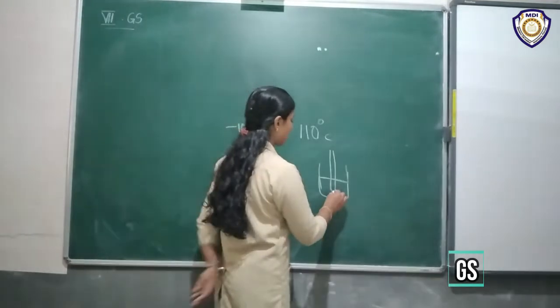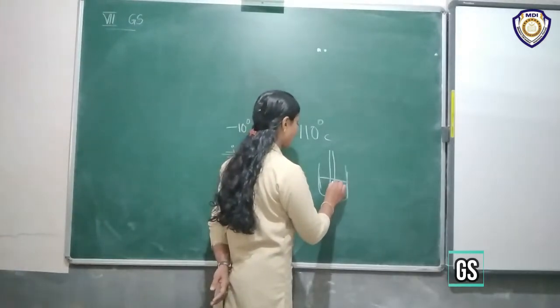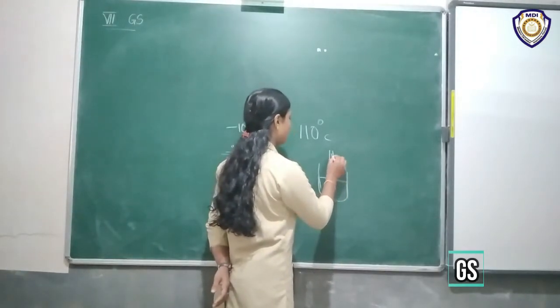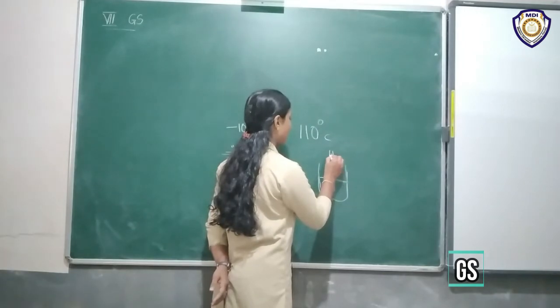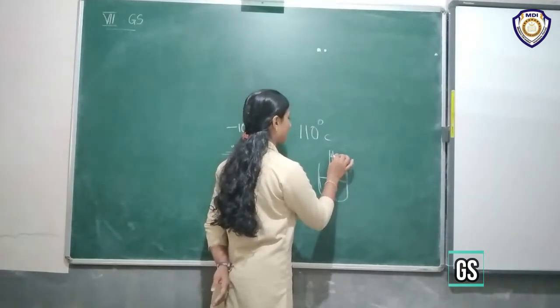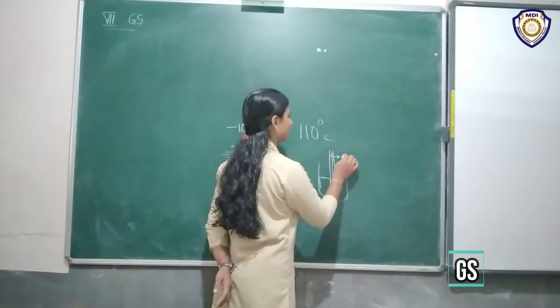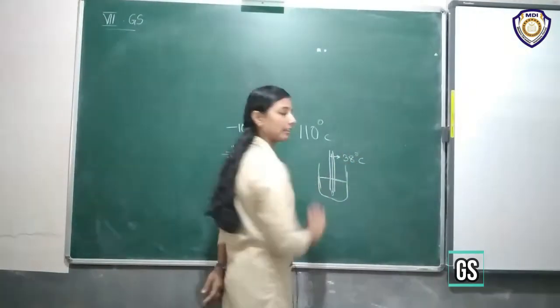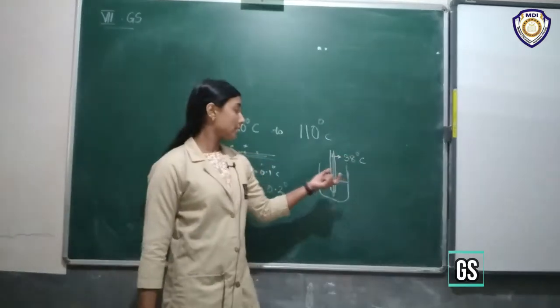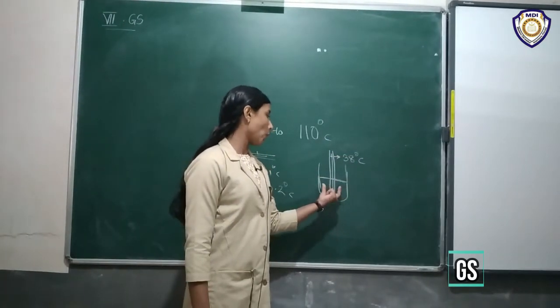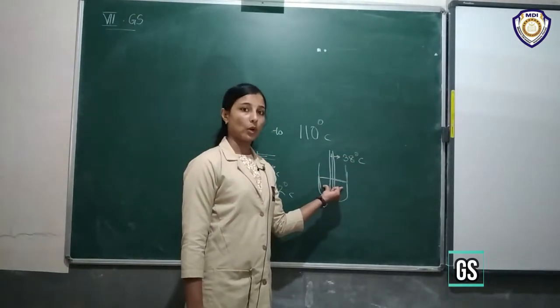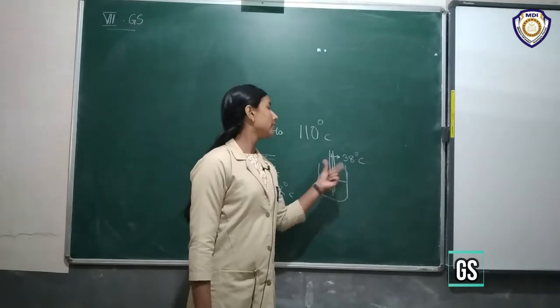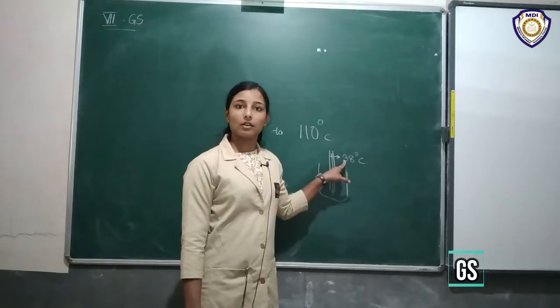And after some time you can see the mercury thread, suppose it will read something, say 38 degrees, any value. That is how hot or how cool this water is will be indicated by this reading.